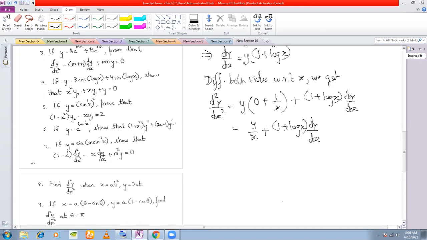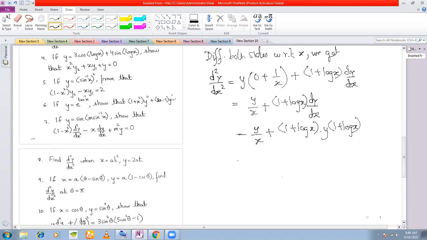Okay, now you put the value of dy dx. What is the value of dy dx we have got here? We have got y into 1 plus log x, right? We still have a y there, so we'll put back the value of y also. Okay, but let me just simplify this.